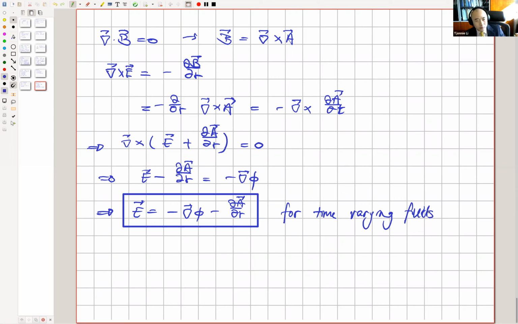Or, we're not looking at time-dependent fields, we're just looking at static fields.